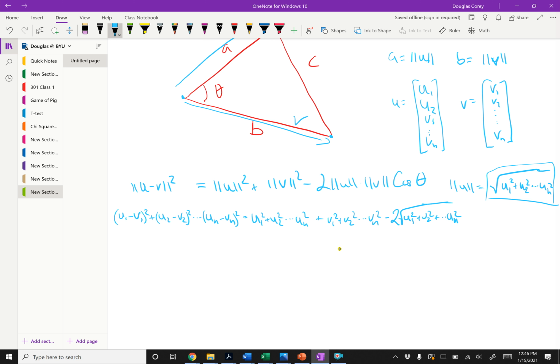You can see why mathematicians like to create notations to keep things small. So isn't this line much better than the line below? And then we have one more square root here.